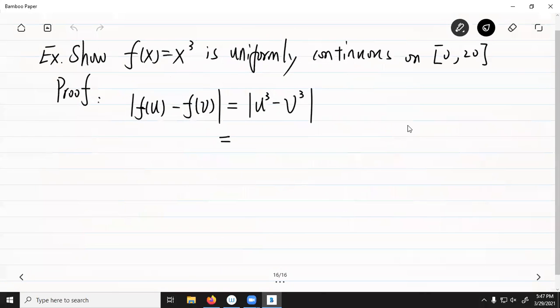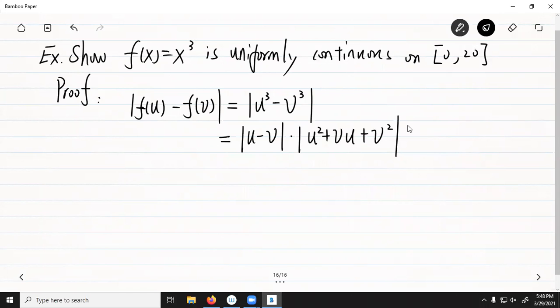So we have the formula for this one, which is the absolute value of u minus v times the absolute value of u squared plus u times v plus v squared. We take the absolute value for each term. I just skipped one step.